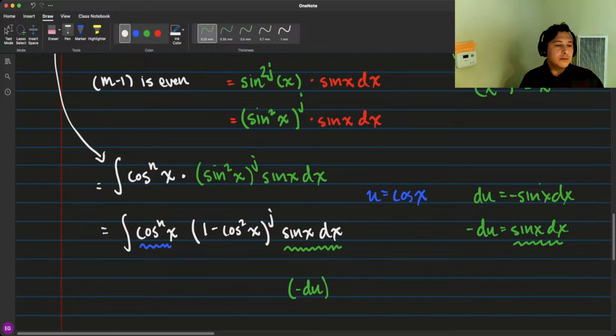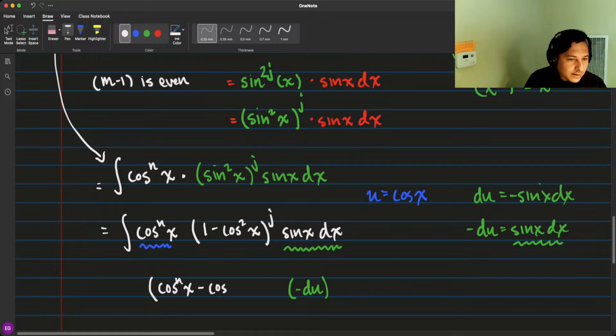I can distribute the cosine to the n into here, and I'll get cosine to the n x minus cosine to the n plus 2 x, all raised to the j.